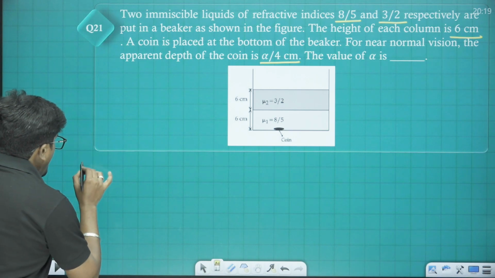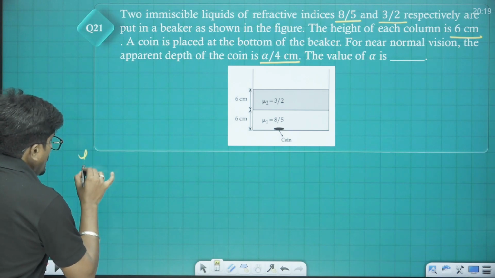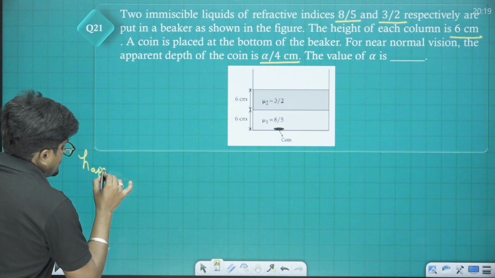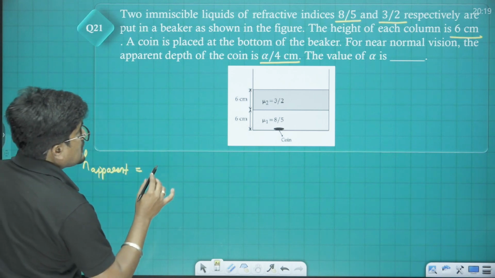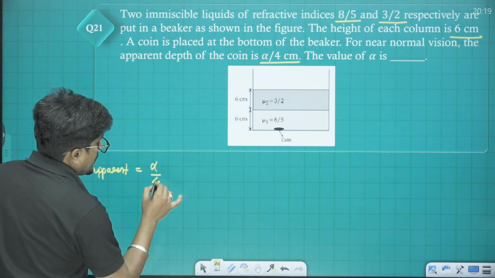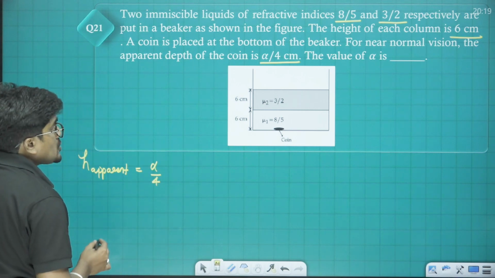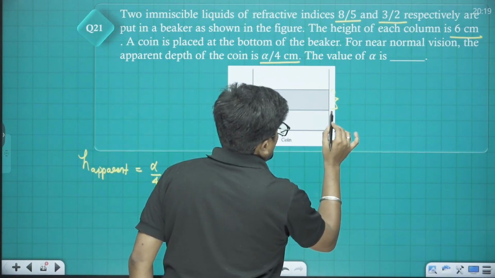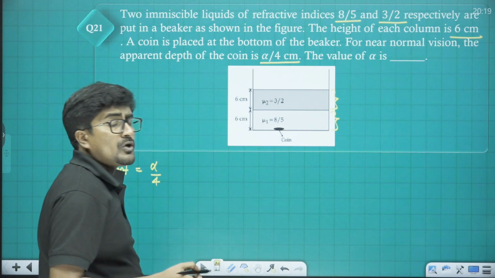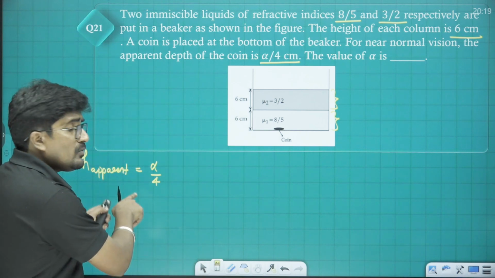So here the apparent depth H apparent is given as alpha by 4 in centimeters. This is basically going to be the apparent depth of liquid number 1 plus the apparent depth of liquid number 2. The summation needs to be alpha by 4.